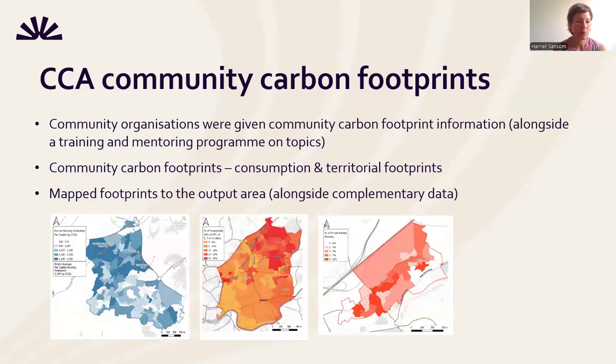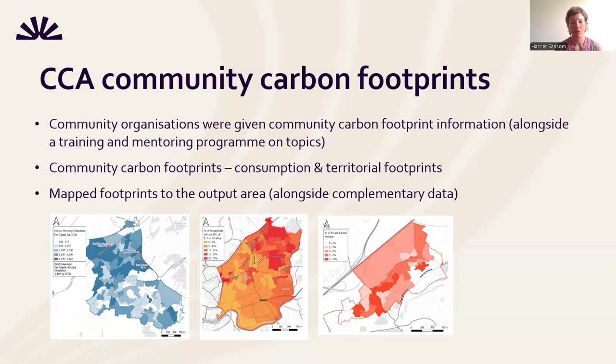And here are just some examples. So the map on the left, the blue one, is looking at housing emissions for one of the communities involved at the output area level. So you can see how it varies across the community. And then the map in the middle was mapping EPC data, where houses had EPC of E, F, G, so the most inefficient housing, where that was most concentrated within an area.